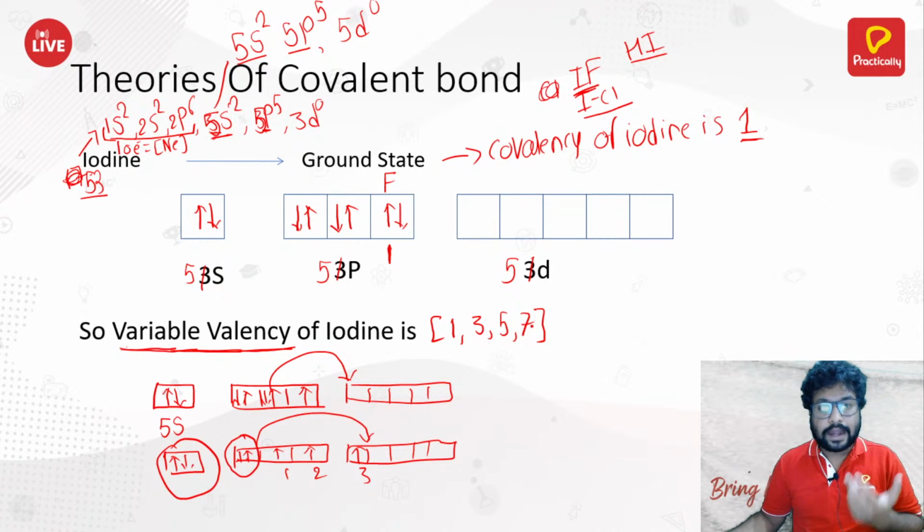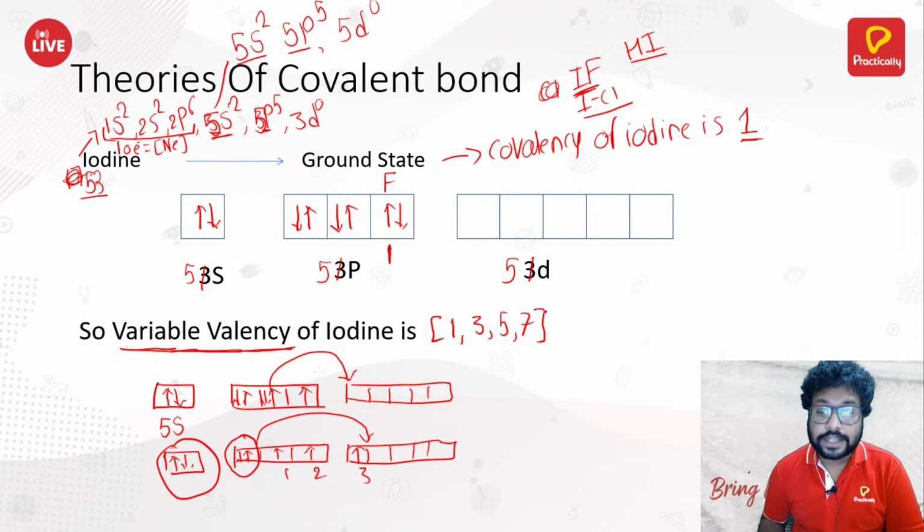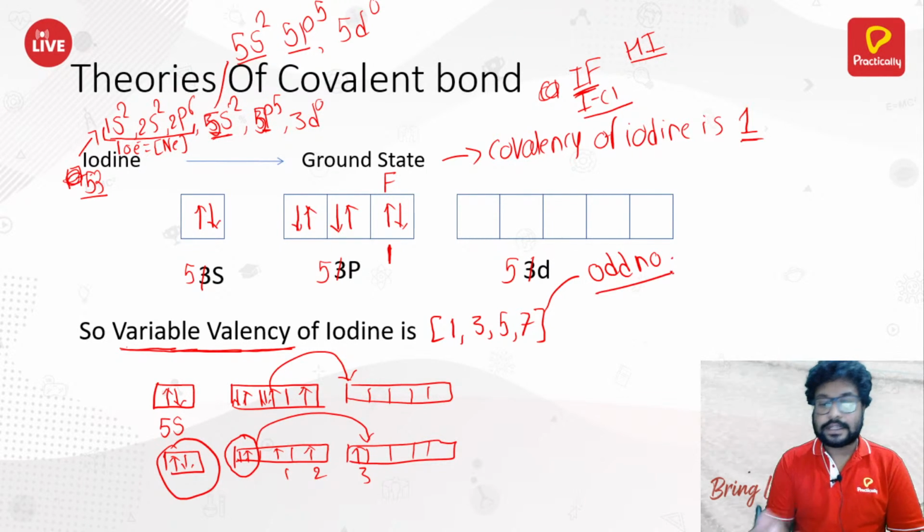So the variable valencies of halogens are odd in number. For sulfur, it was even numbers. For the halogens, it's odd numbers. So that's the main difference I was pointing out to you. Okay, so let's move ahead.